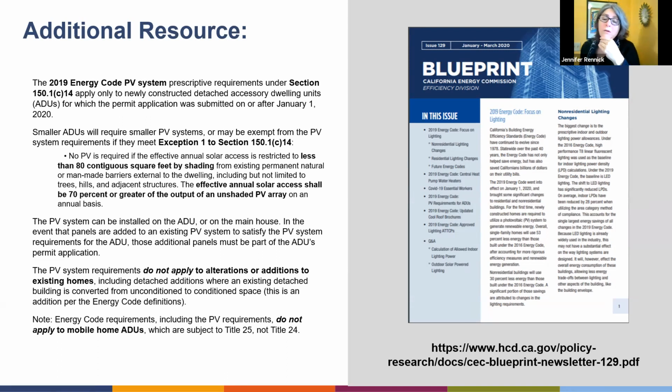If it's a mobile home, but it's an ADU, does the PV requirement kick in? No. If it's truly a mobile home, i.e. on wheels, on a chassis, not a permanent foundation, it's actually subject to Title 25 mobile home requirements, then it does not kick in as new construction standalone.